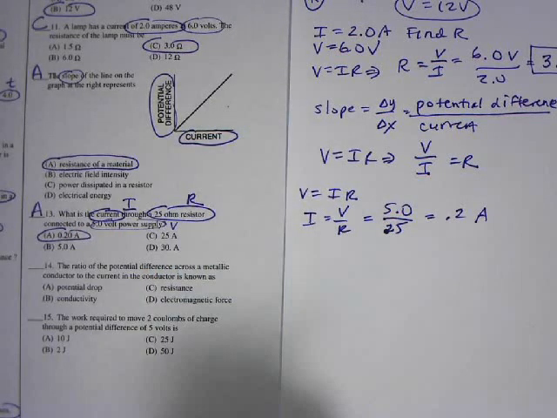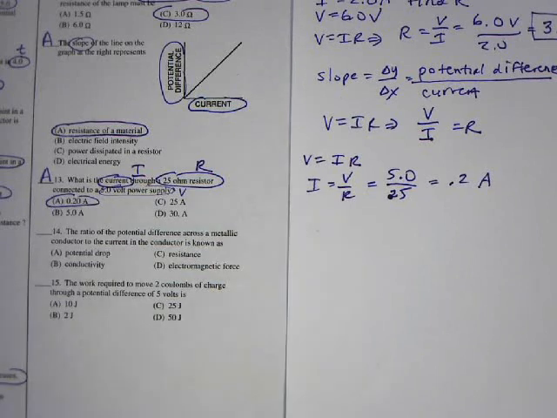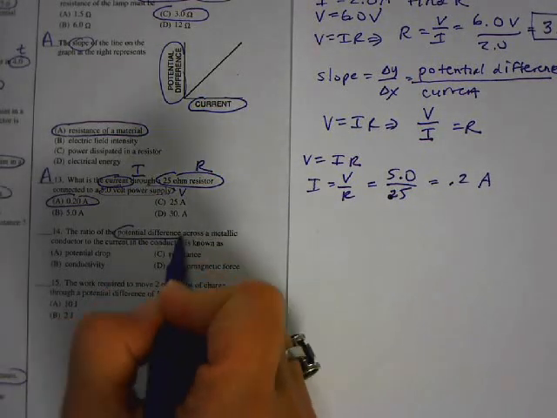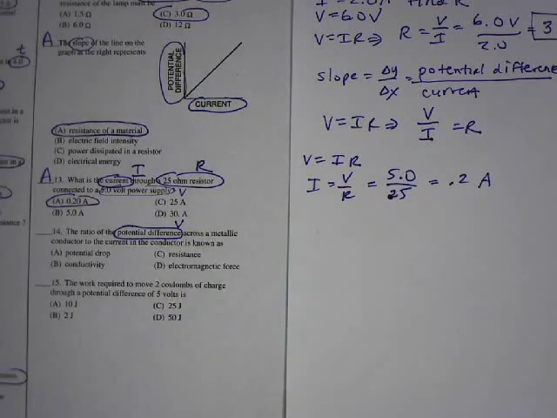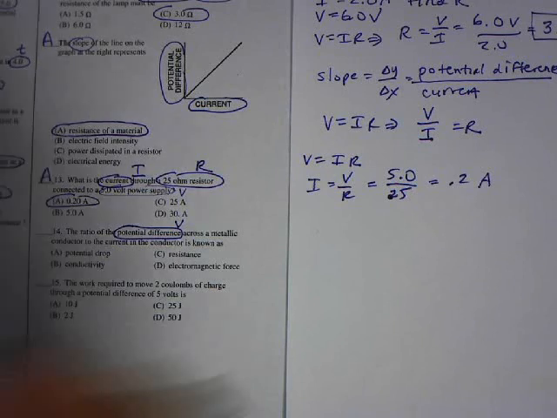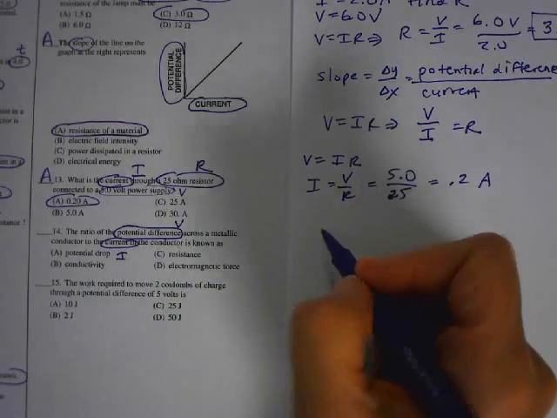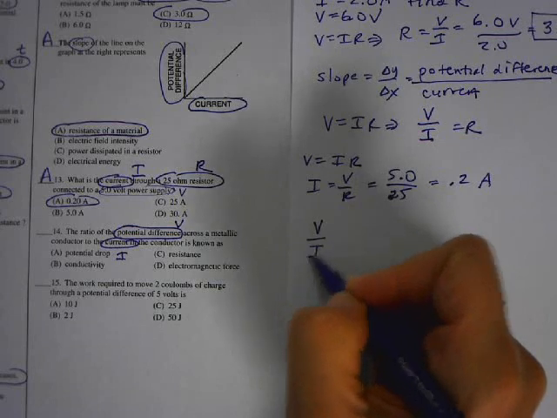Number 14, the ratio of the potential difference, so potential difference is V, across a metallic conductor to the current, that's I, is known as, so what is V divided by I? V divided by I is R.